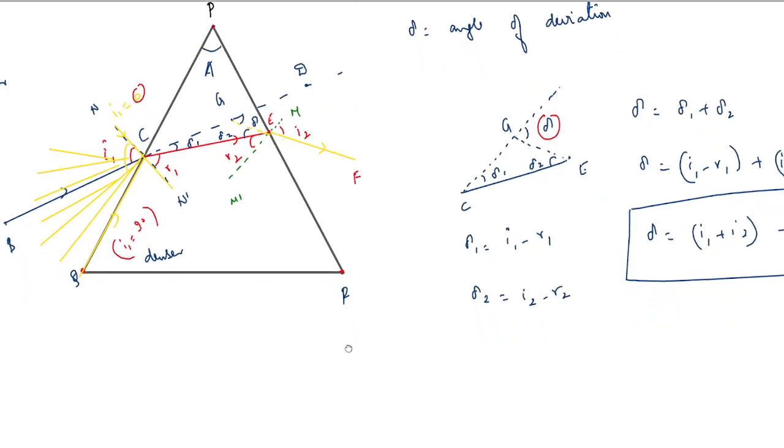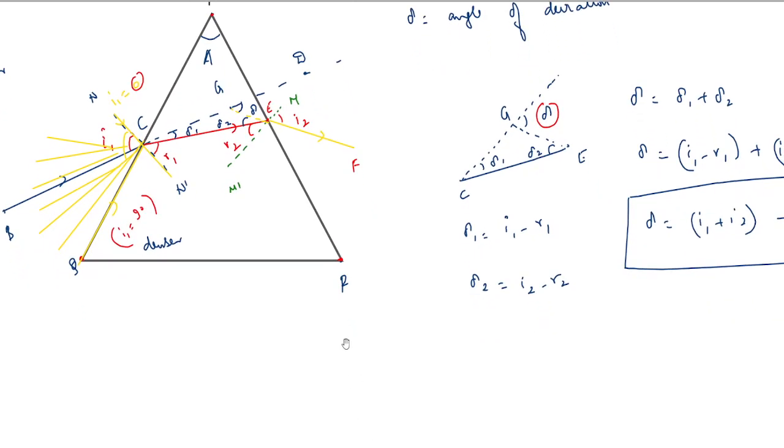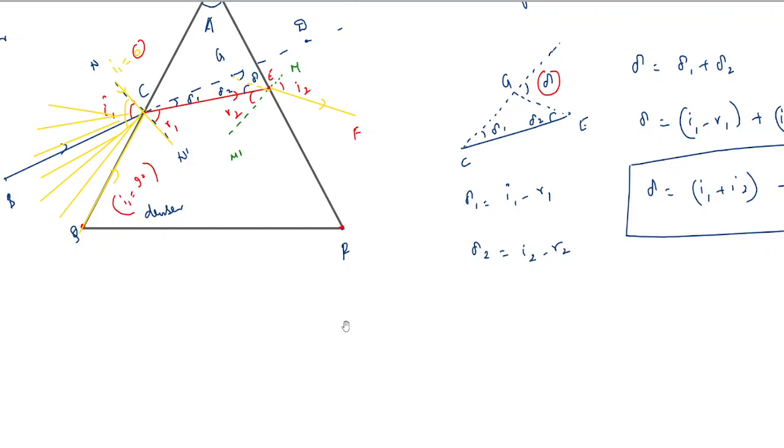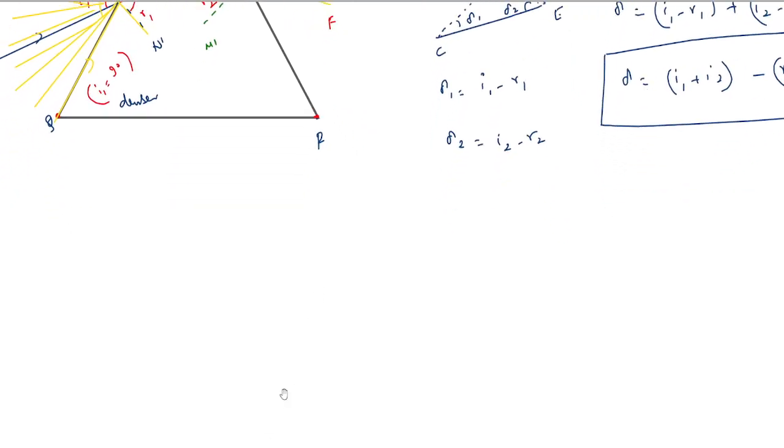So what is seen is, when I is changing continuously, delta also will change. So let's draw a graph for this. When you plot a graph of angle of incidence with deviation, this is the angle of incidence I, and this is delta, which is deviation. What is found is that the variation goes like this.